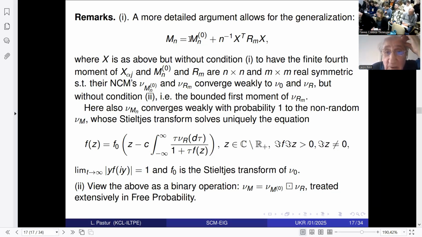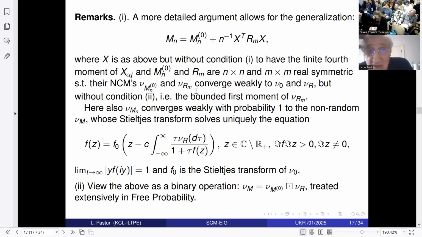The only thing that you assume about these two non-random matrices is that each of them, being Hermitian, has a normalized eigenvalue counting measure, denoted nu_M0 and nu_RM, and we assume that they converge weakly to nu_0 and nu_R. The matrix R_M is not necessarily diagonal and positive definite, just any Hermitian.